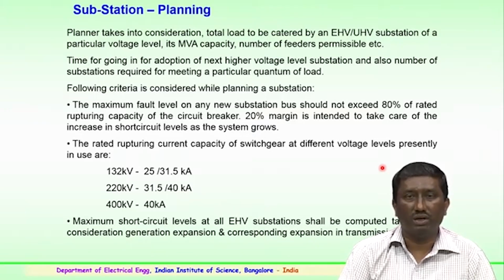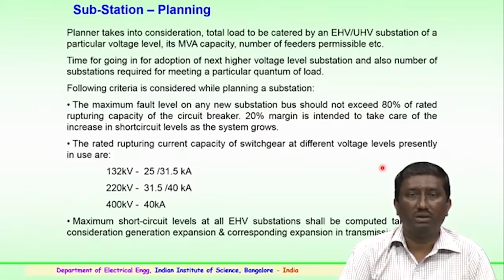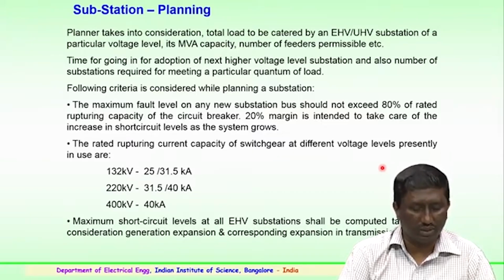In case of 400 kV it will be 40 kilo amps, and for the further 800 and 765 kV levels it will be 40 kilo amps or higher.